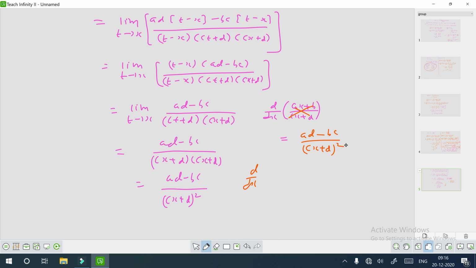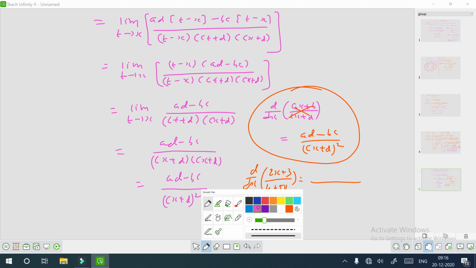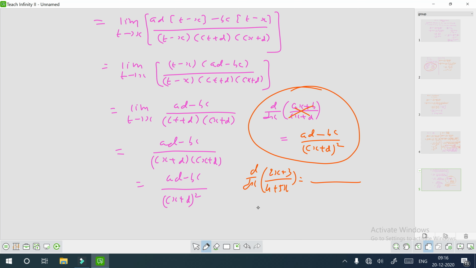This comes in MCQs, so if we remember this form, then take (2x plus 3) over (4x plus 5). AD is 2 into 5, 10, minus BC, 12, over (4x plus 5) whole square.